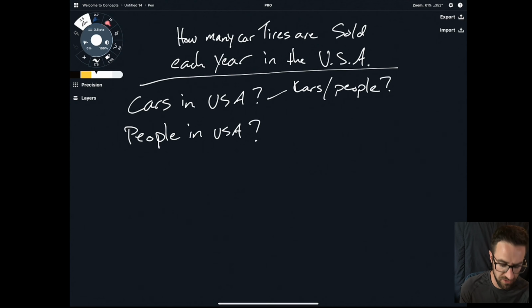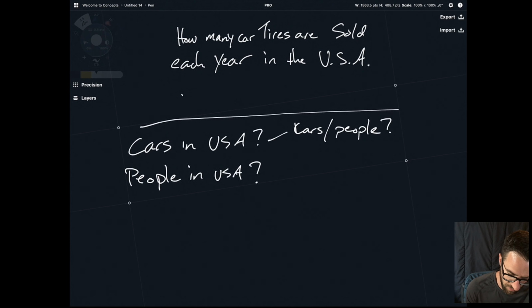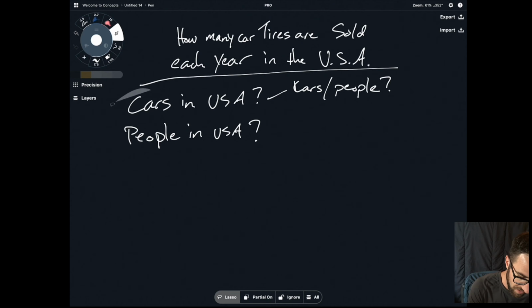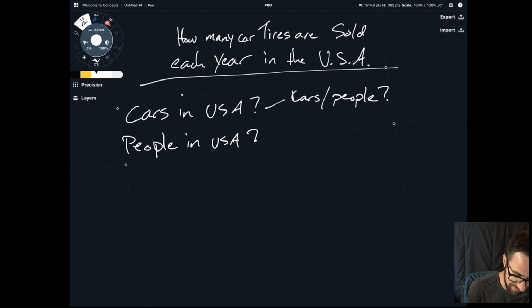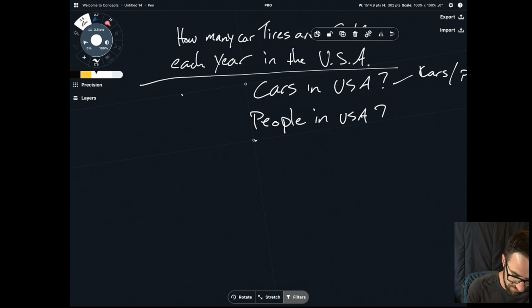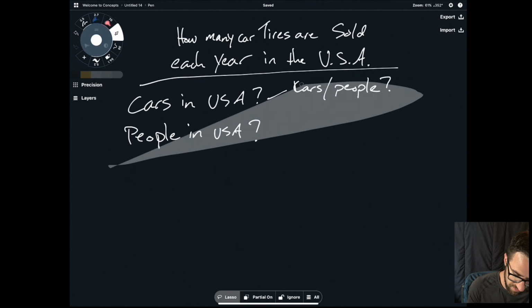So how many cars do people own? But you know what? I missed a step here in our analysis, because what we really care about is something that's obvious, right? Oh, goodness me. This thing's going crazy. We want just this part here.